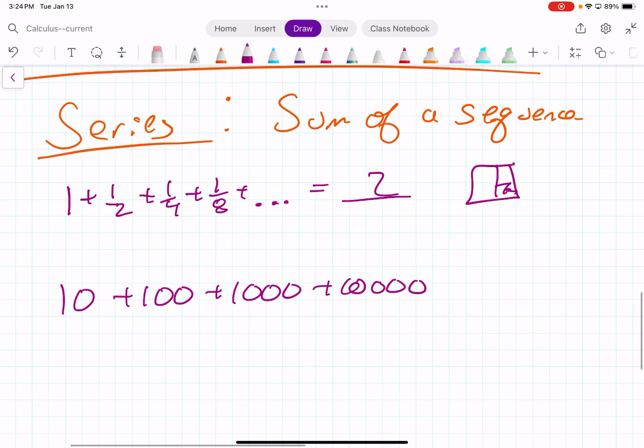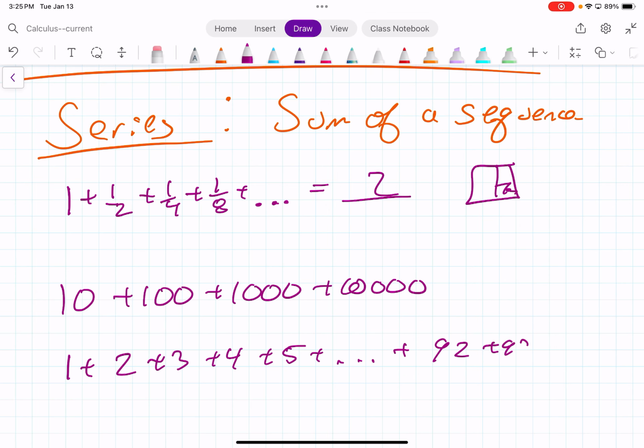It could be this. I didn't give myself enough room. We'll just cut it a little short.